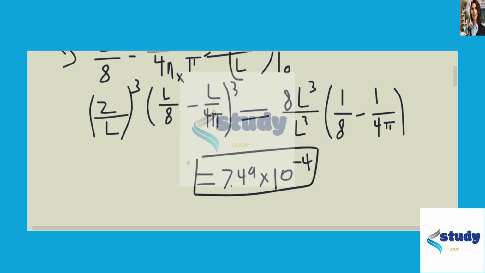Okay, and now the probability for nx equal to 2, ny equal to 1, and nz equal to 1.